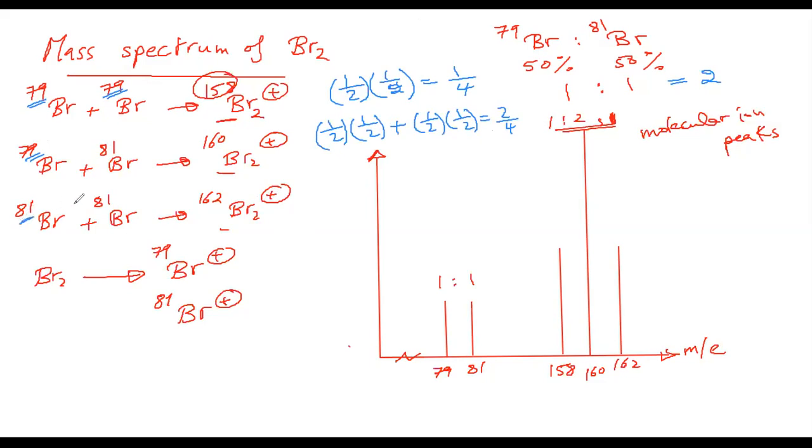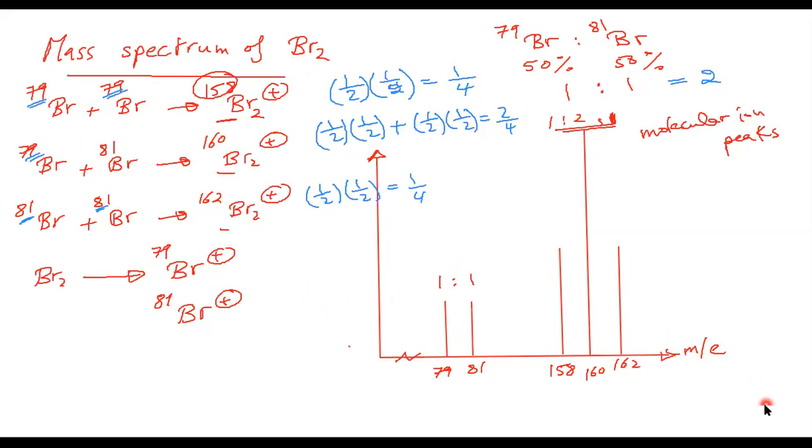And the third probability that both are 81 is half times half. We get 1/4, isn't it? Yeah. So this means that the ratio is 1 to 2 to 1. This is our ratio that we got here, 1 to 2 to 1. And here, since both of them are in the same ratio, we get 1 to 1 ratio. So this is the mass spectrum of the element bromine.